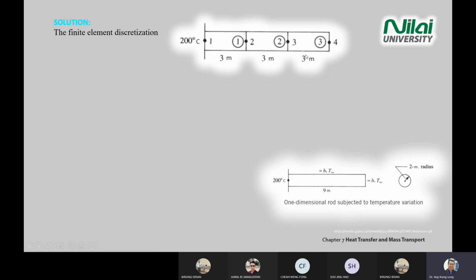So we have 3, 3, 3, and then you label points 1, 2, 3, 4, and label element 1, element 2, and element 3. Then put in the temperature 200 degrees C, and you can write 20 Celsius at the end here, just to help yourself when you substitute the values later on.